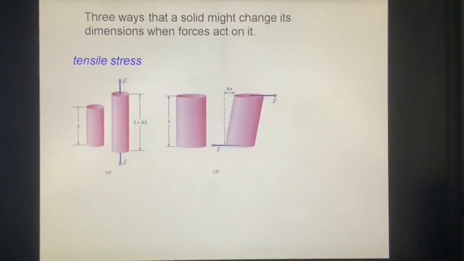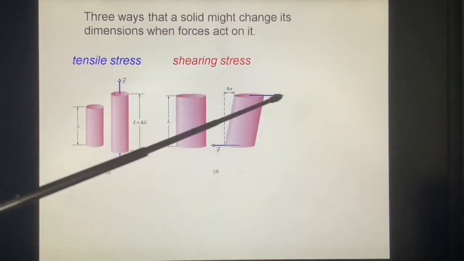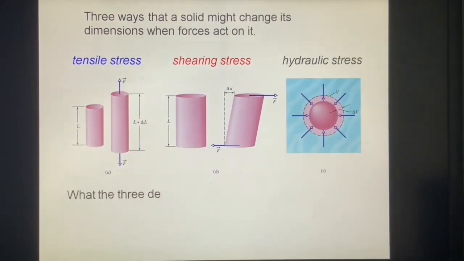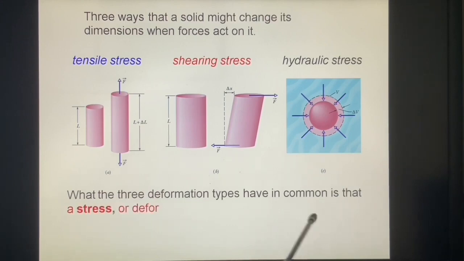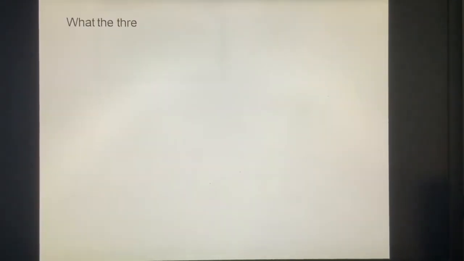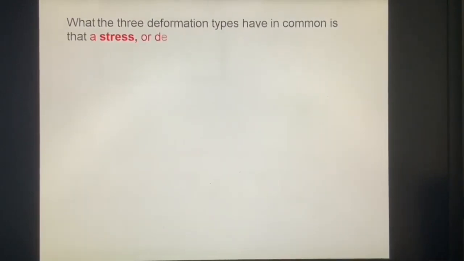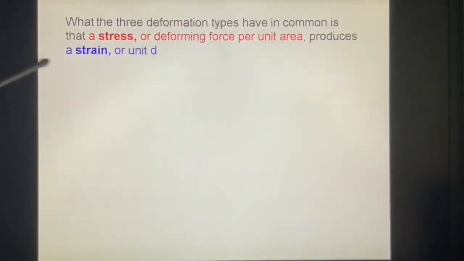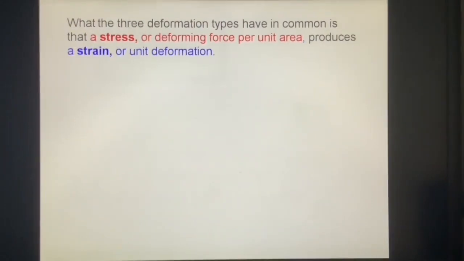Tensile stress, shearing stress, hydraulic stress. What the three deformation types have in common is that a stress, or deforming force per unit area, produces a strain, or unit deformation.